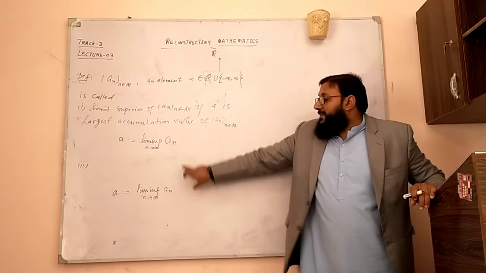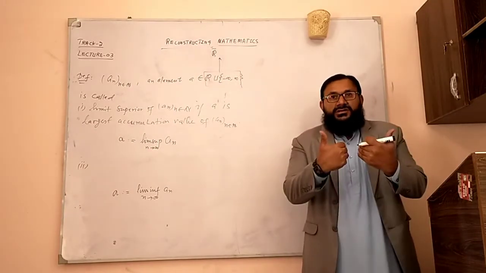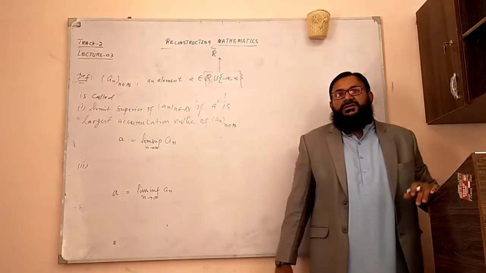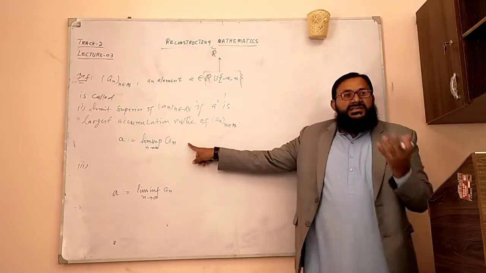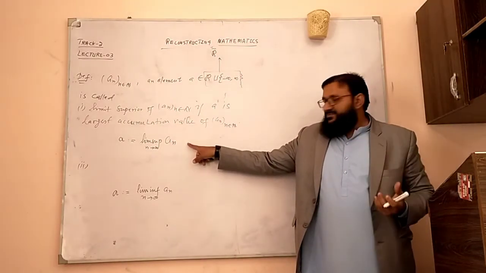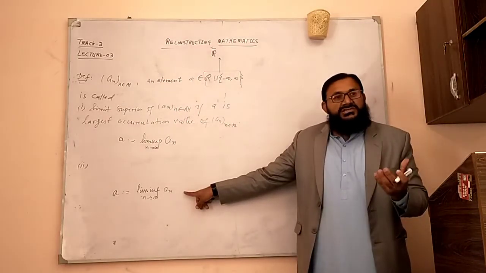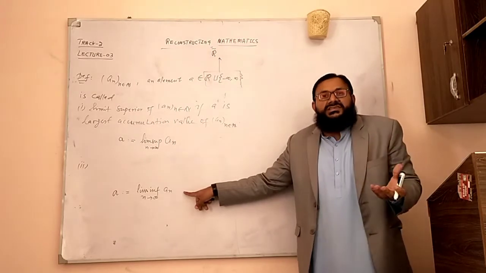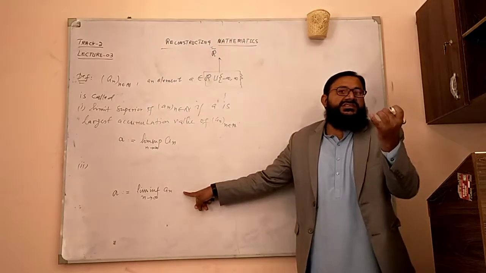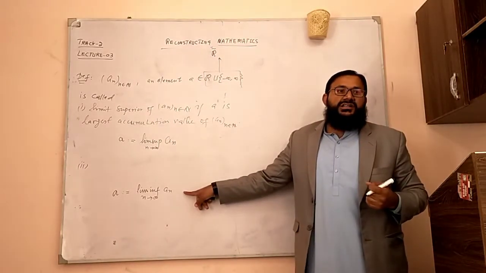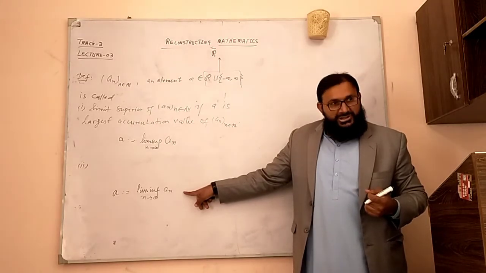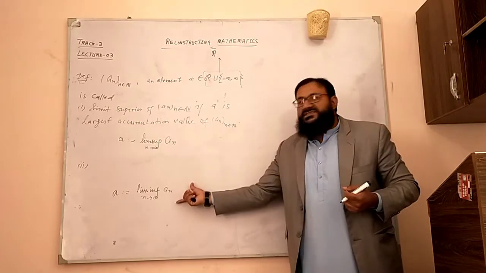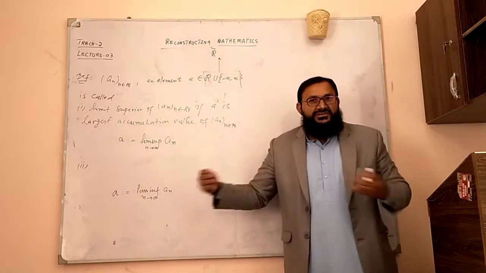If limsup and liminf are equal, we say that the sequence is convergent. If the largest and smallest accumulation values coincide, it means there is a unique accumulation value, and we call that sequence convergent. So this is like your right hand limit and left hand limit in the sense of functions.